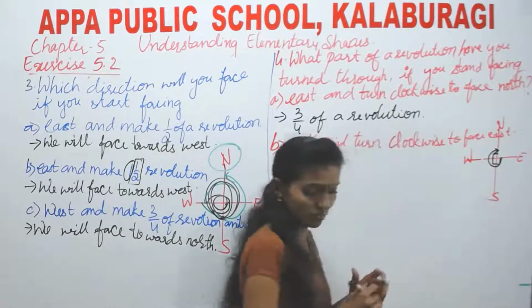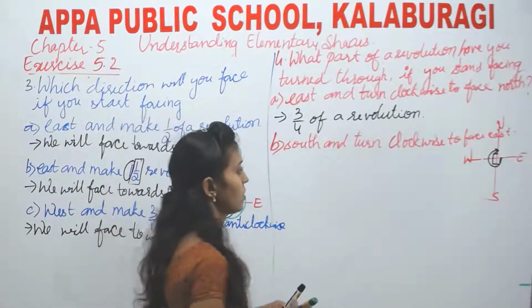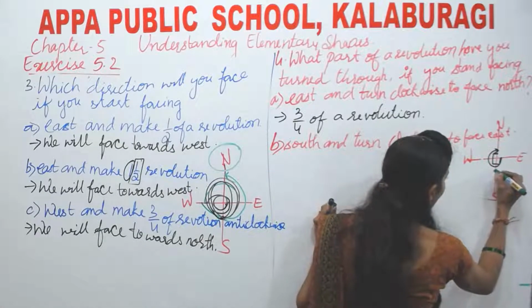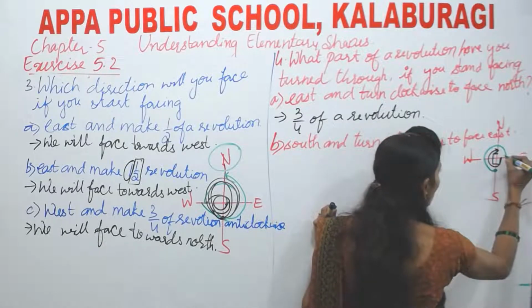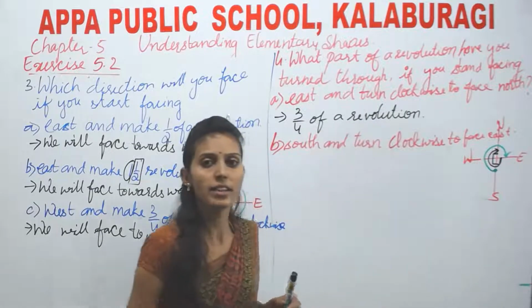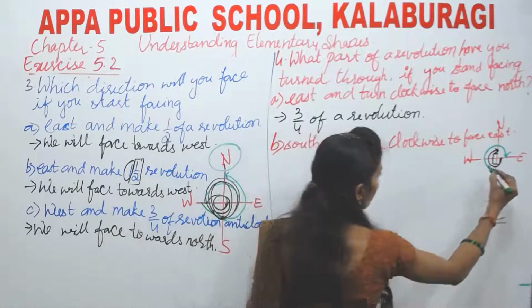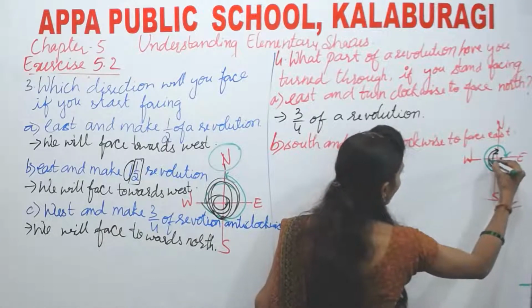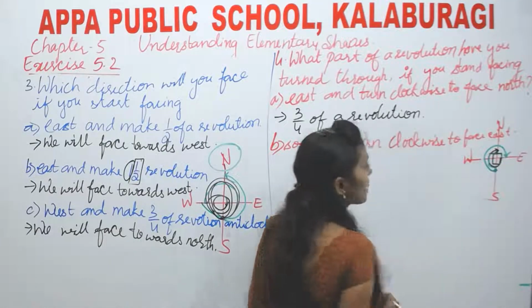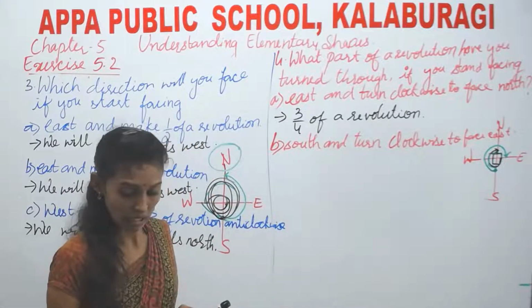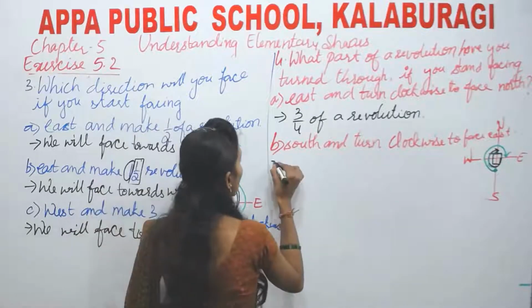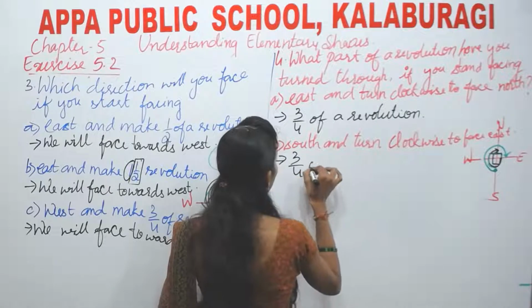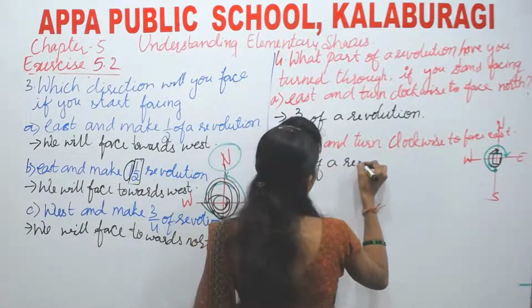South. From south, clockwise to face east. How many right angles? See, same. 1, 2, 3. Out of 4, 3 right angles, right? Again, same. 3/4 of a revolution.